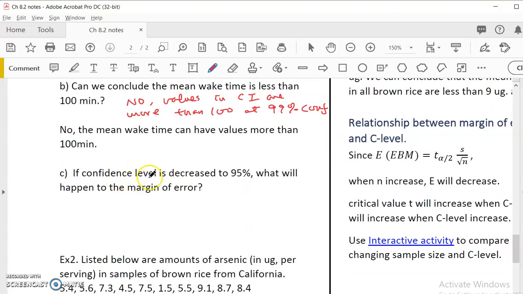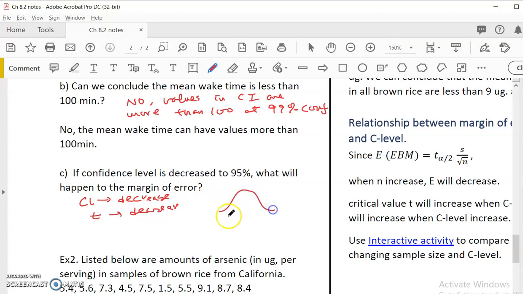And the next one is, if the confidence level is decreased to 95%, what would happen to the margin of error? So the only thing that changes will be t, right? So if the confidence level decreases, t will decrease, because the middle percentage is only 95%.